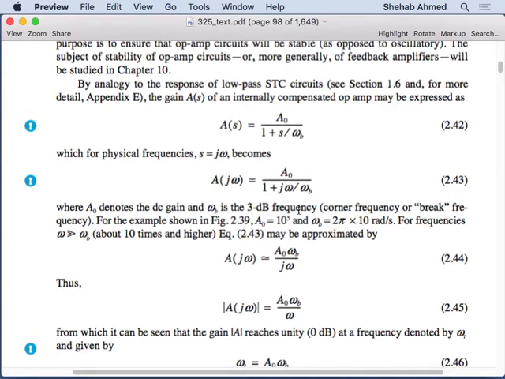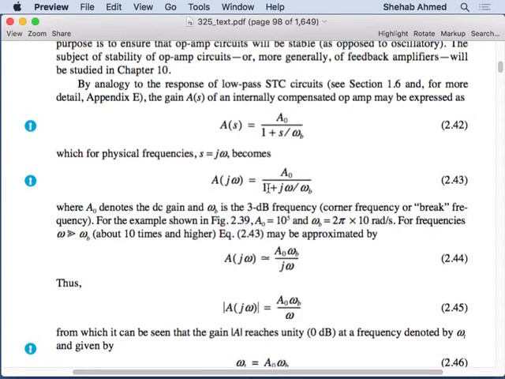This reduces to A naught omega B, with omega being large. Omega over omega B will be much larger than 1. Do we agree? If omega is very large, then omega over omega B is much larger than 1, so you can ignore 1.